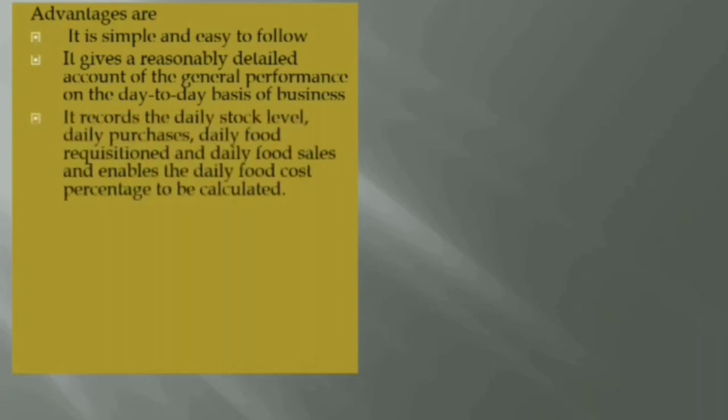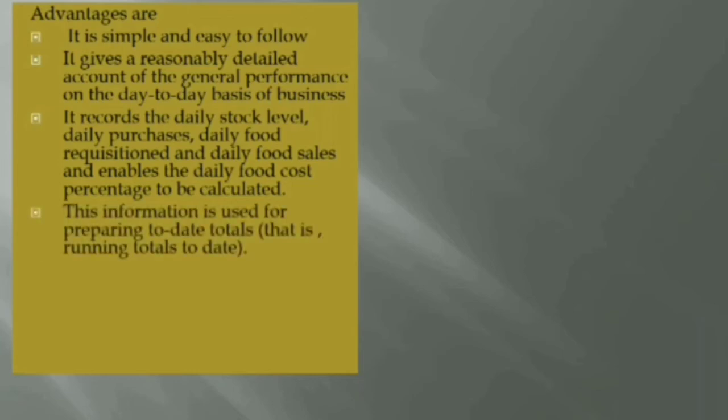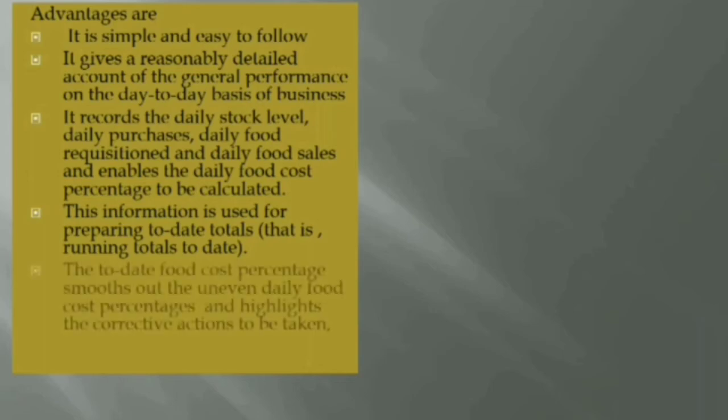It records the daily stock level, daily purchases, daily food requisition and the daily food sales, and enables the daily food cost percentage to be calculated. This information is used for preparing to-date totals, that is, the running totals to date. The to-date food cost percentage smooths out the uneven daily food cost percentages and highlights the corrective action to be taken.